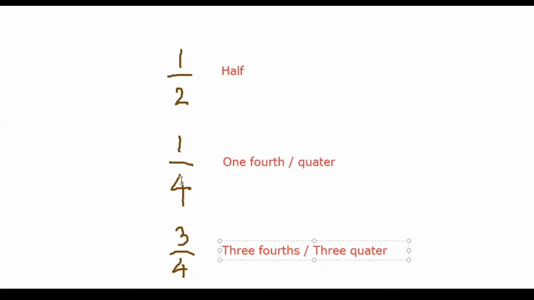Because here there are three times the quarter parts. So we can read it as 3/4 or else three quarters, not three quarter. Can you see? S is there here, but no s there. Is it clear, everyone? Yes.